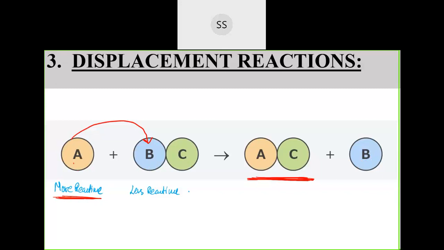That is what displacement is, where the good ones are taken and the poor ones are thrown out. Here A is more reactive, so the more reactive one displaces the less reactive one from its solution. Such reactions are displacement.